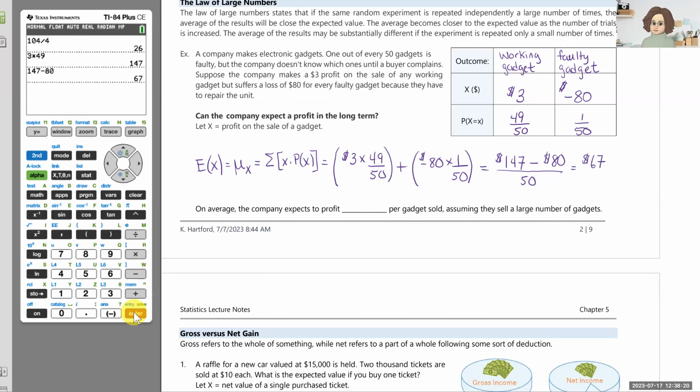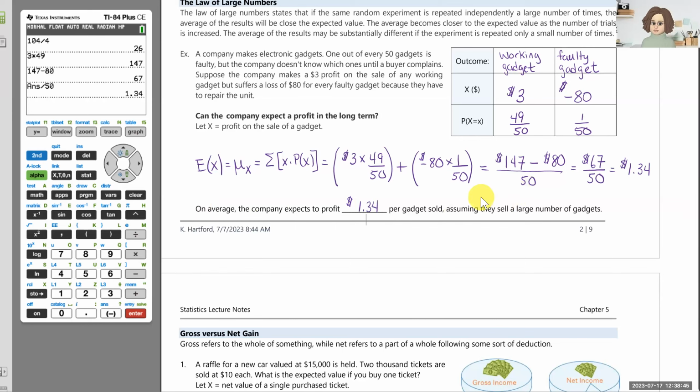But what is that per gadget? So if we divide by the 50 gadgets, so now divide that by 50, and they're making $1.34 on average per gadget. So on average, they can expect to profit $1.34 per gadget.